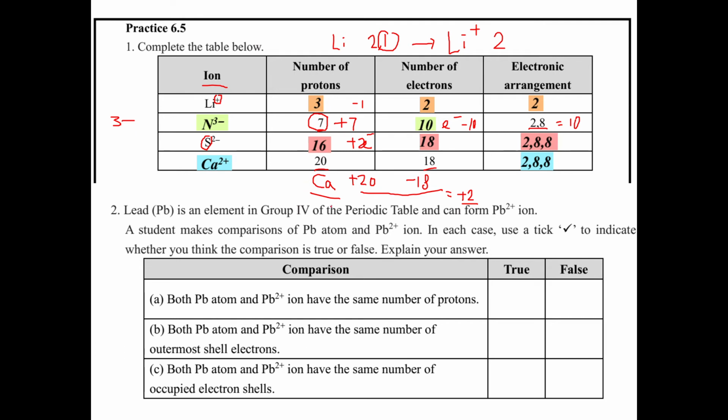Okay, question 2. Pb should be group 4, meaning the outermost shell should have 4 electrons. You may not know the rest well, between it should be 2, 8, maybe 18, but the last one must be 4. Now it becomes Pb2 plus, so it should lose 2 electrons.